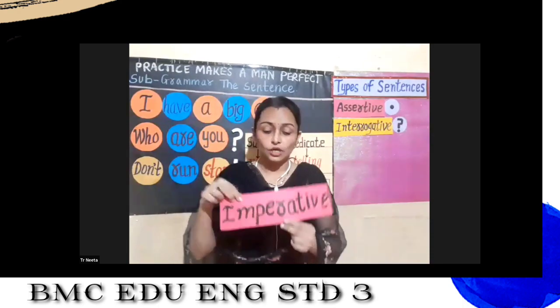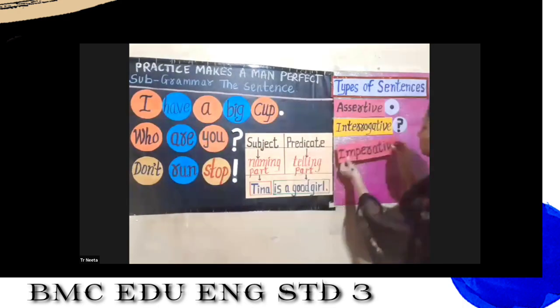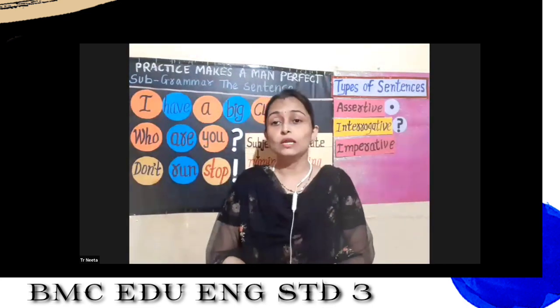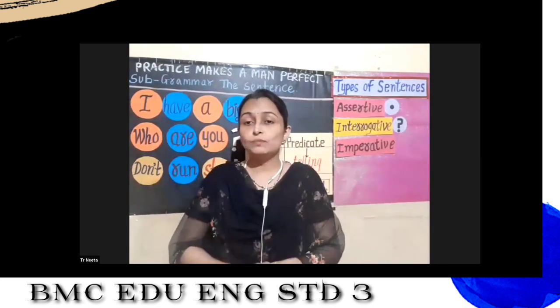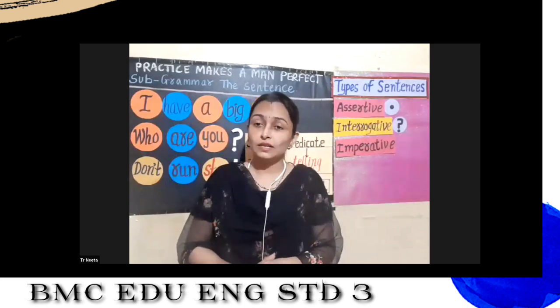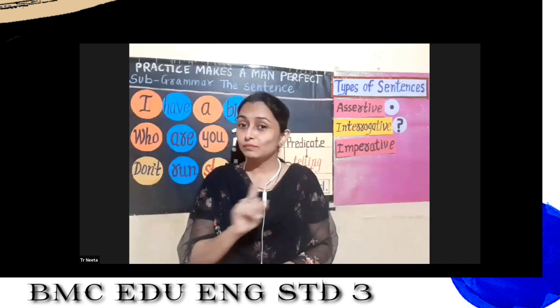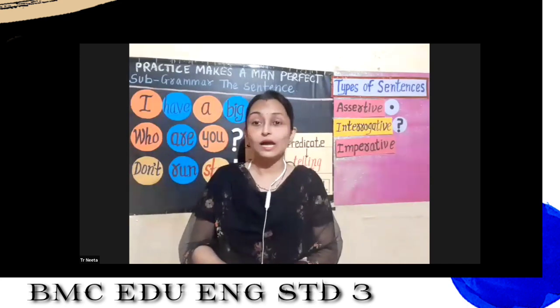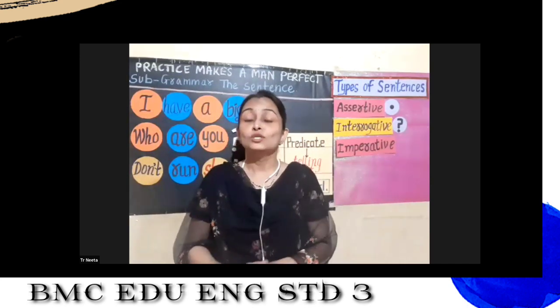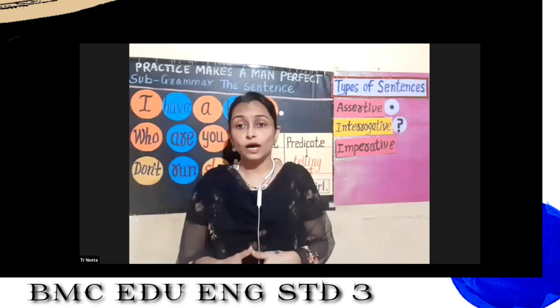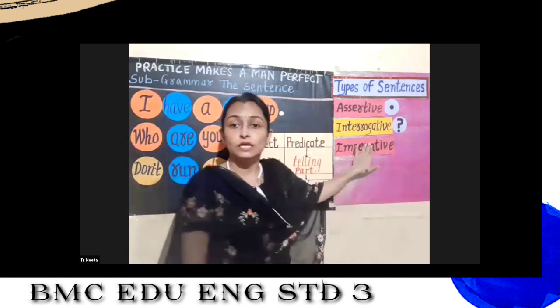Suppose I request you all, children, please give me a pencil. Otherwise, I'll say, keep silence. Please do not talk. I'm teaching you all. So some orders, some requests or some advice I'll give you, that is called imperative type of sentence.